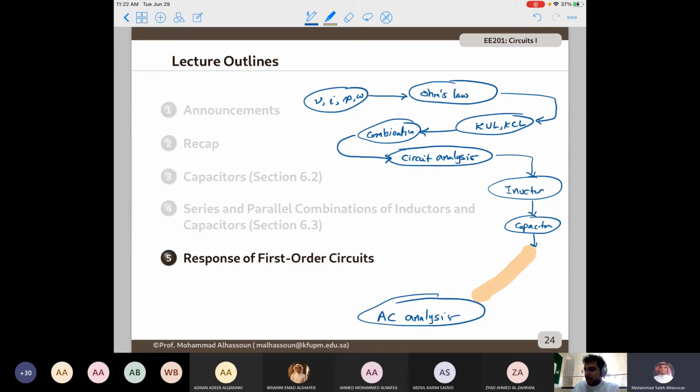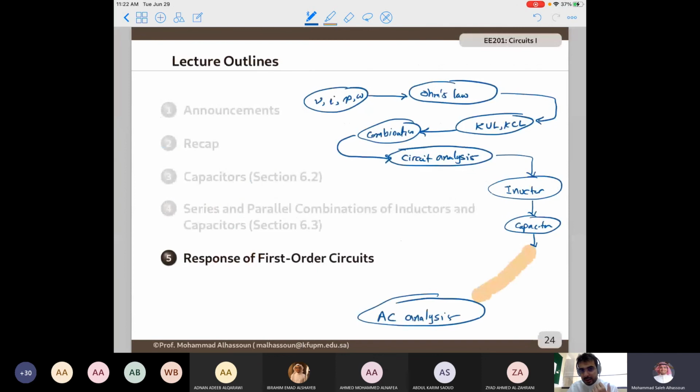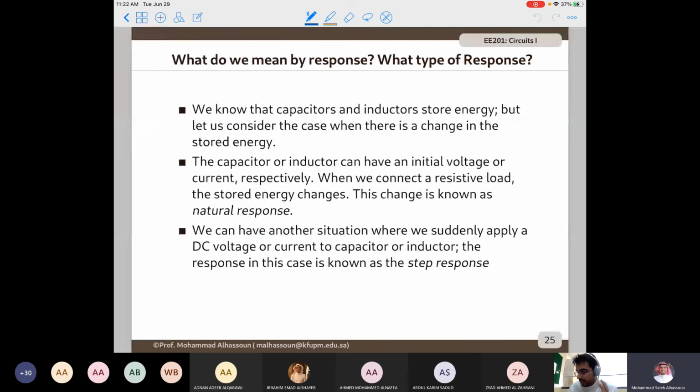In reality, you will see there's some short time response that's very critical, because this short time response might kill your circuit if you don't design your circuit properly. So this is the goal of chapter 7 and chapter 8. Let's start with chapter 7.